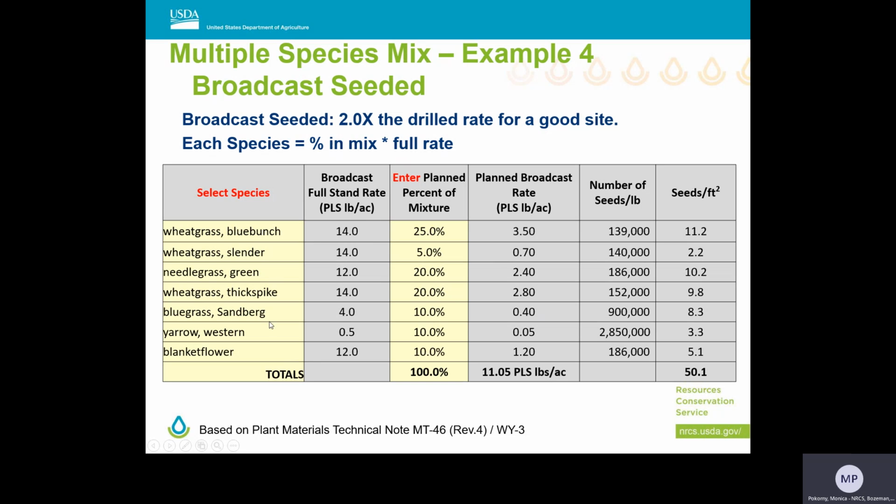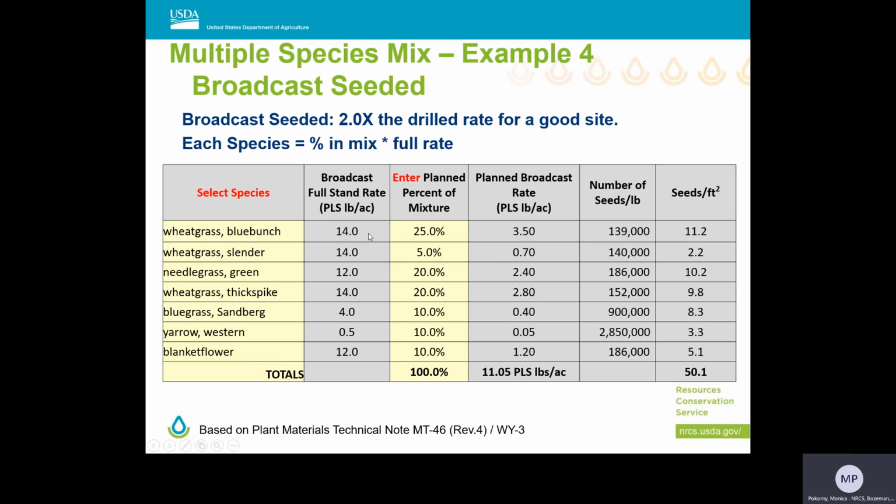So this is the same seed mix that we're carrying through from the last slide. The last slide had 7 pounds per acre seed rate for a drill seed rate for a full stand of this species. And now to broadcast seed, all we've simply done is multiply the full stand rate by 2.